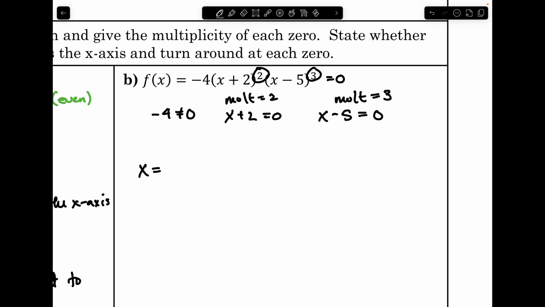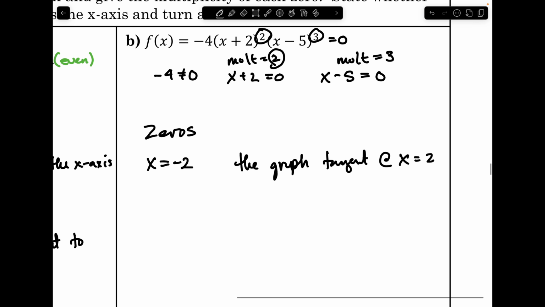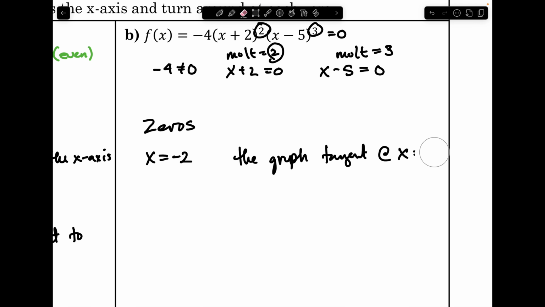So what are the zeros? The first zero is x equals -2, which means that because we have an even multiplicity, the graph is going to be tangent at that location, at x equals -2, not +2.